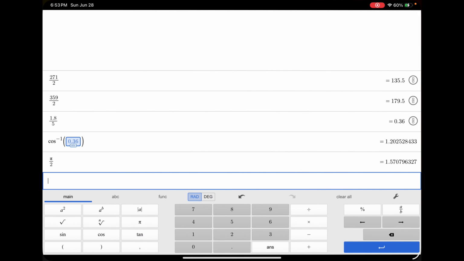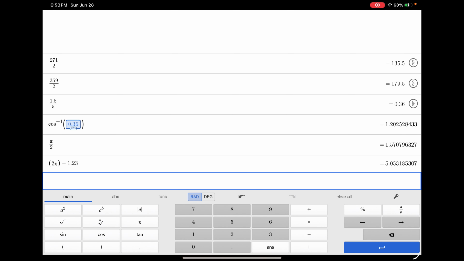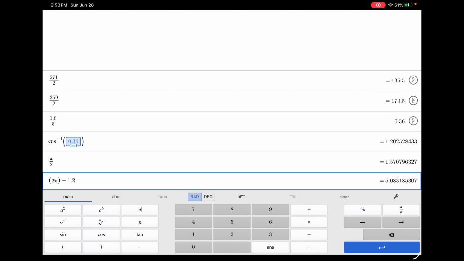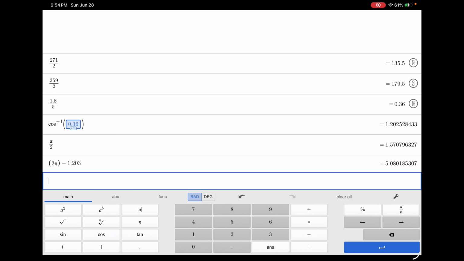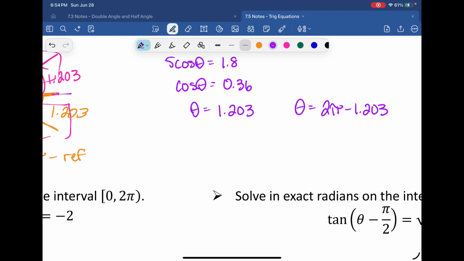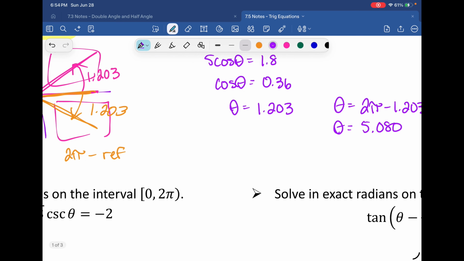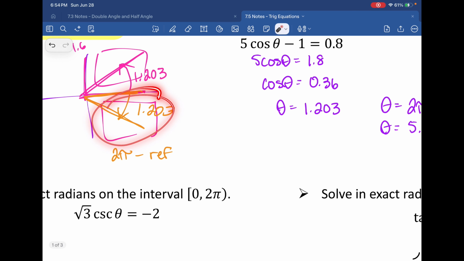I'm going to go in my calculator. 2 pi minus, I'm going to put in my reference angle, 1.203. That gives 5.080. This is going to give me the angle in quadrant 4.